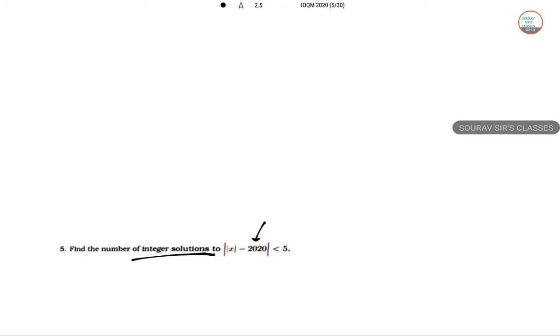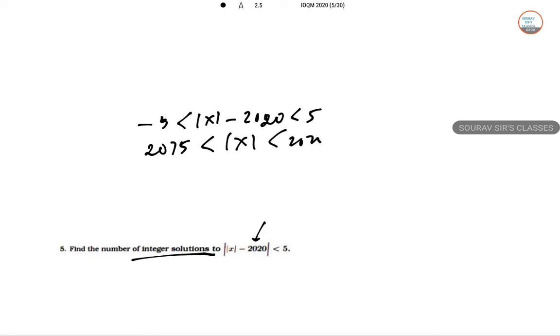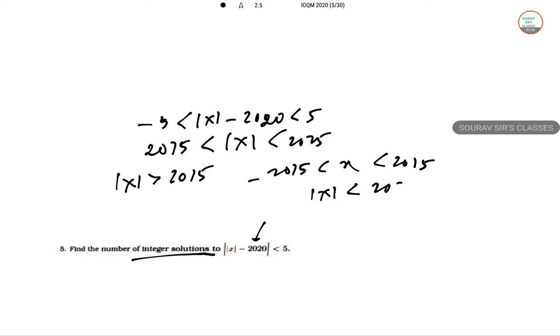So if we just remove the modulus, minus 5 less than mod x minus 2020 less than 5. So if we just add 2020 over here, 2015 less than mod x less than 2025. So mod x has to be greater than 2015, and mod x less than 2025. So from this, minus 2025 less than x less than 2025. So this is 1 and this is 2.